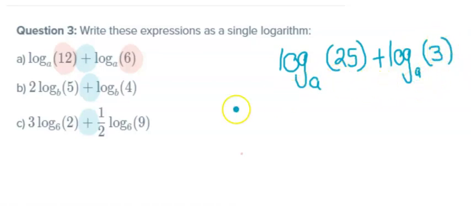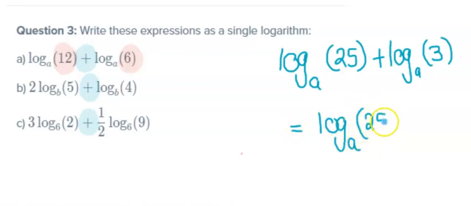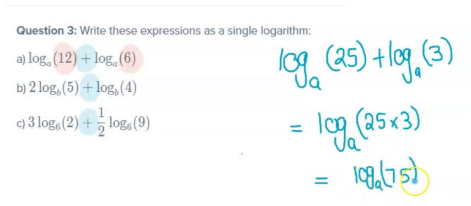Because they are adding and both bases are the same, I can simply do log A, and I can do 25 times 3. What is 25 times 3? That is 75. So I can write log A 75, and this is my answer.